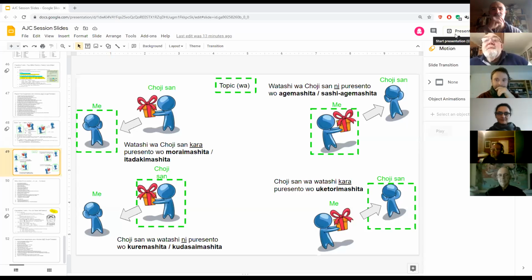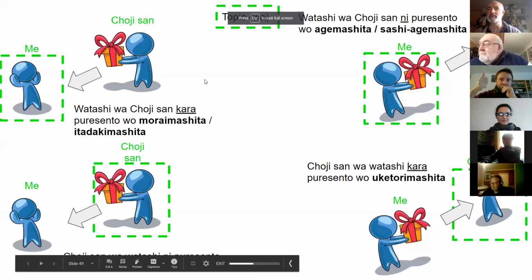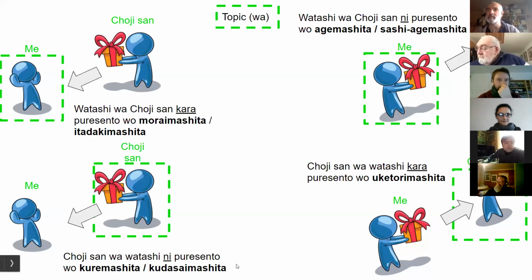Right, let's look at this. Okay. Can you see the screen, everybody? Okay, so we did this on Sunday a little bit, but I know some of you weren't there, and we need to make sure we're all at the same place. So there are 4 individual scenarios for giving and receiving. On the left, we have where you are receiving, and on the right, where you are giving.